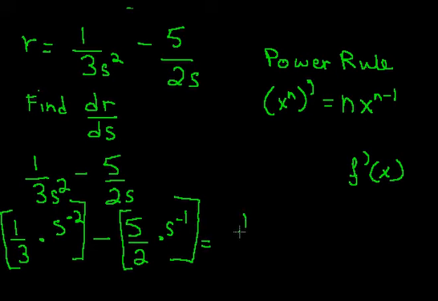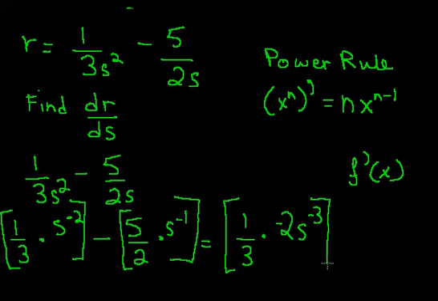So this equals 1/3 times, and n in this case is negative 2, so we bring negative 2 right here, and then it's nx to the n minus 1, so it's negative 2 times s to the negative 2 minus 1, which is negative 3.